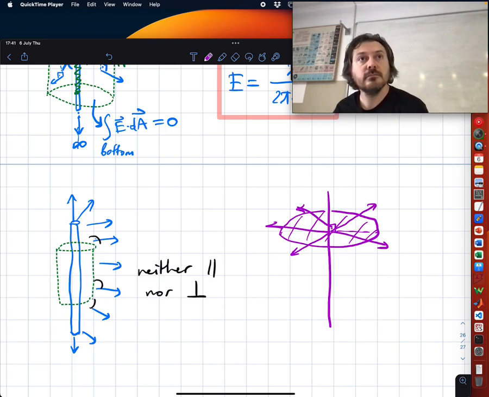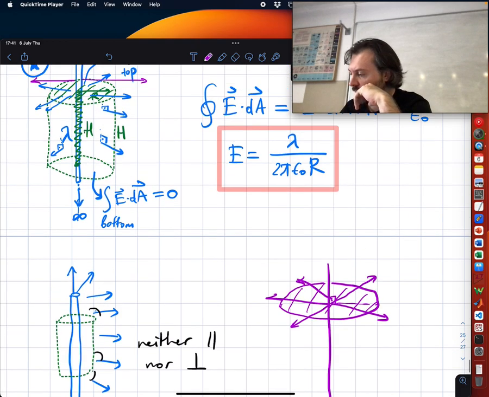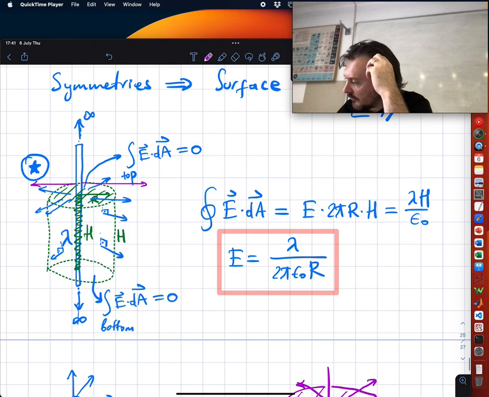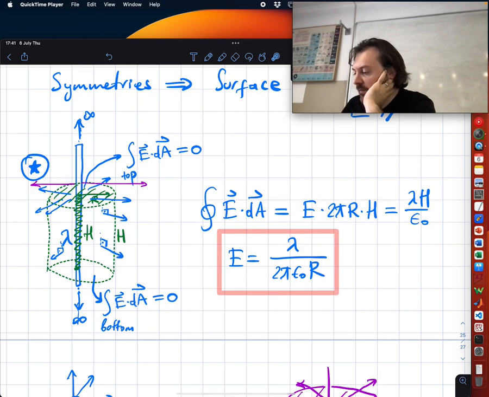How did you find, up on the page, lambda times h? Very good question. So this cylinder has a height of h, right?